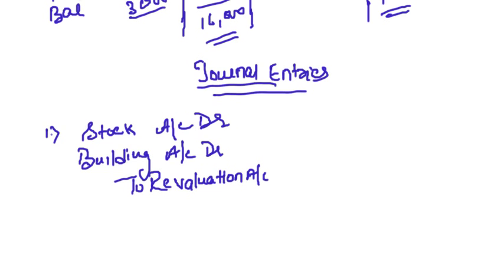What is the amount of stock appreciated? The stock appreciated by 10,000 and building appreciated by 6,000. So the total credit to revaluation account is 16,000.